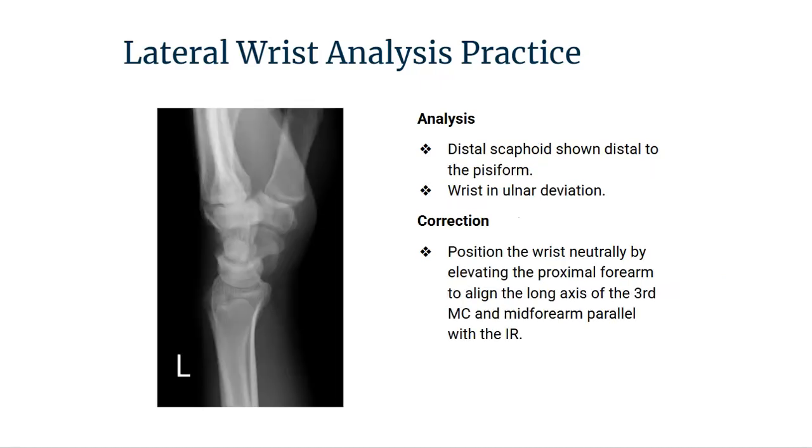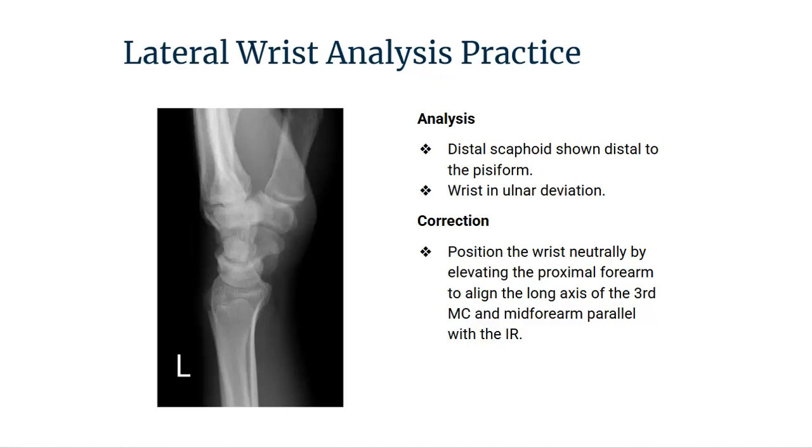We're going to review this lateral projection of the practice analysis together. We haven't really talked about this much. However, there is a time where the distal forearm and the wrist can be out of alignment with each other. And this is one of those cases. If you take a look at the position of the pisiform and the scaphoid, you can see that the distal scaphoid is shown distal to the pisiform.